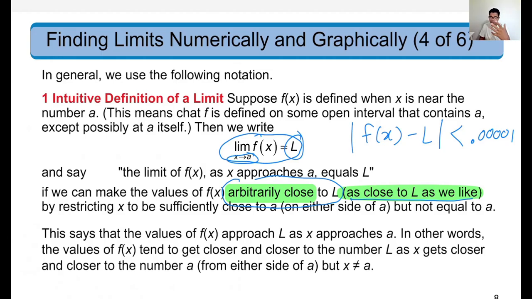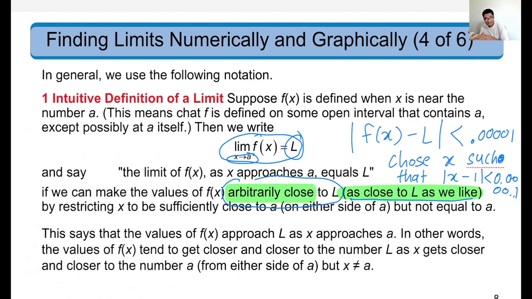How will you make that difference less than 0.00001? You choose x in such a way that x minus that limit, the point at which you are calculating the limit, that x minus 1, would be less than some 0.0000, some number. I'm just saying a random number here.